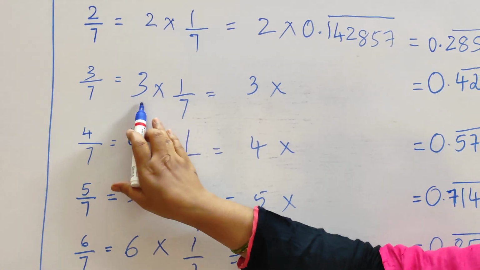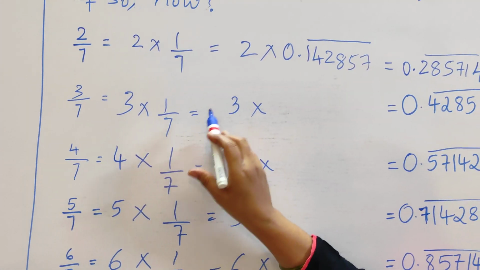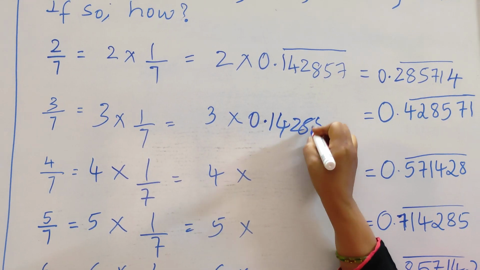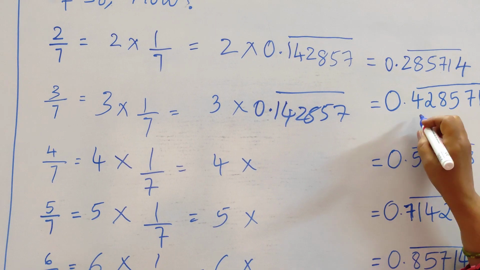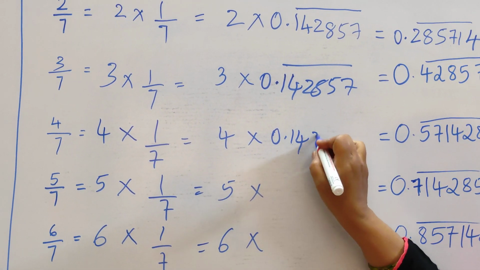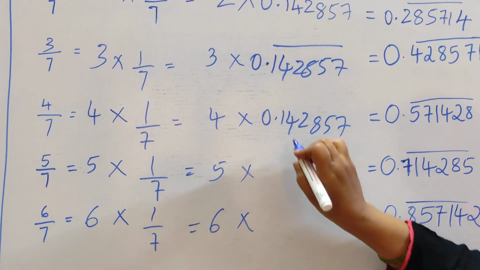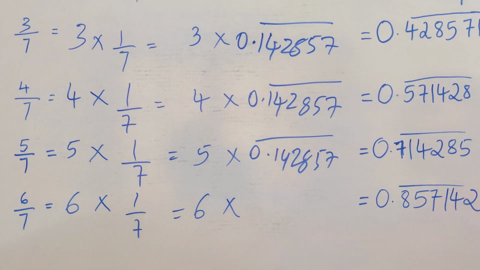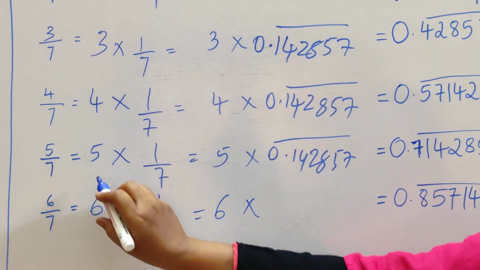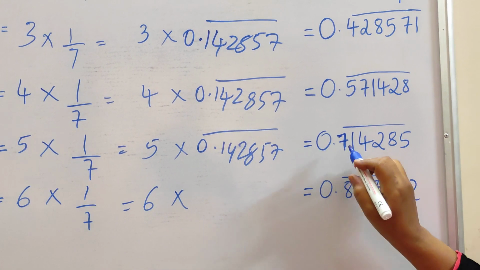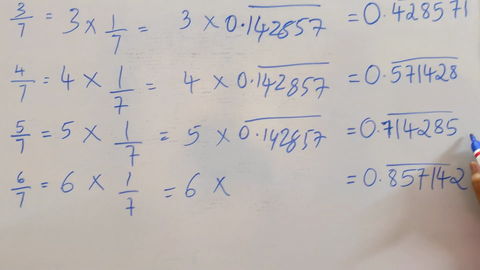So next question again it is 3 by 7. 3 by 7 is nothing but 3 into 1 by 7. 3 into the 1 by 7 value, given 0.142857. So after multiplication we get this. Again 4 into, I hope you are getting this, right? So similarly, 5 by 7 is 5 into 1 by 7, 5 into 0.142857, that is 0.714285.